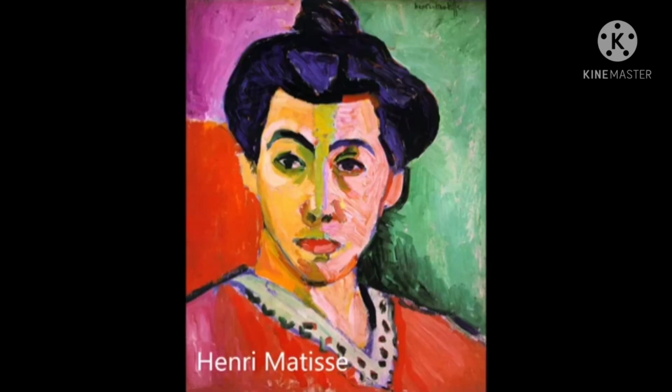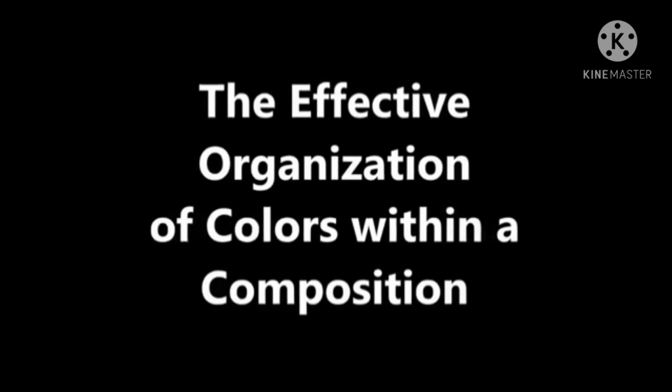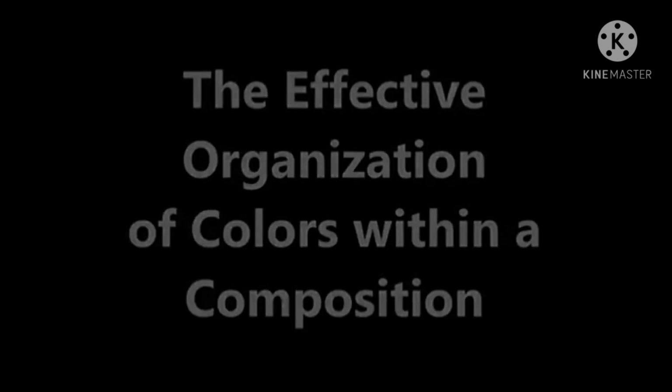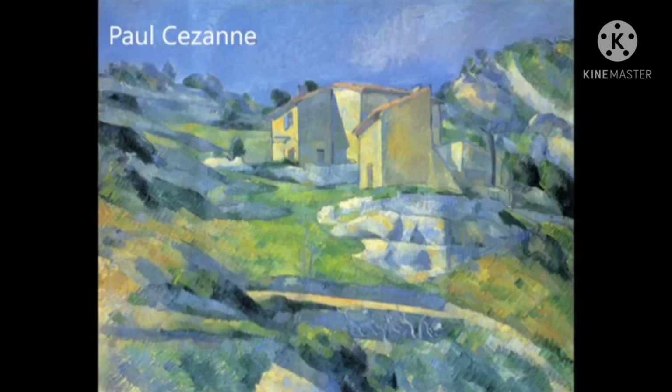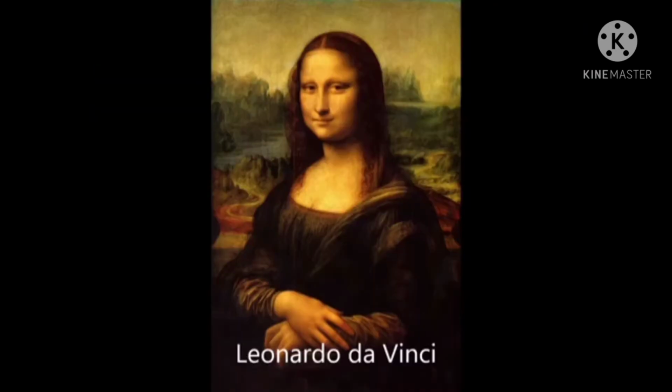Color theory includes many definition concepts and design application. However, there are two basic color theory: that is the properties of color, that's one. And secondly, the effective organization of color within a composition.